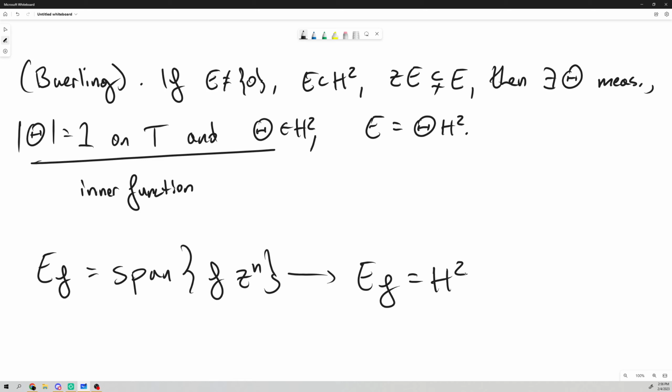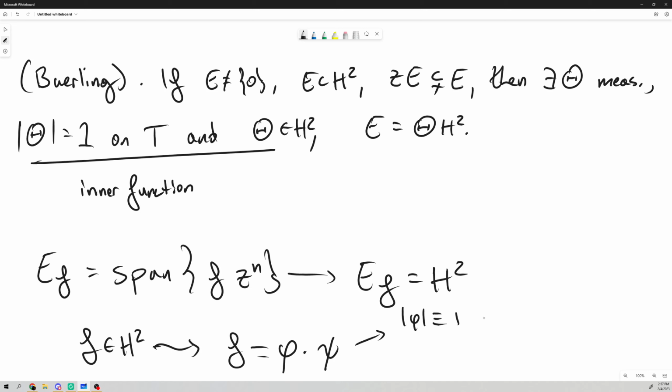So if F generates H2, it is outer. So as it turns out, you can factor any function in H2. If I have F in H2, I can write F as phi times psi. Here phi is going to be inner, meaning phi is equal to 1 on the torus, and then psi is outer, so E_psi is H2.